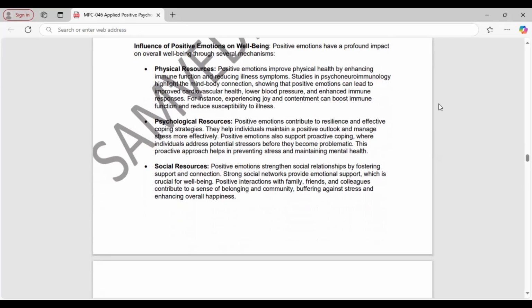Positive emotions foster resilience and effective coping strategies, helping individuals maintain a positive outlook and manage stress proactively. Social resources. They strengthen social connections, providing essential emotional support and contributing to a sense of belonging, which buffers against stress and enhances happiness.